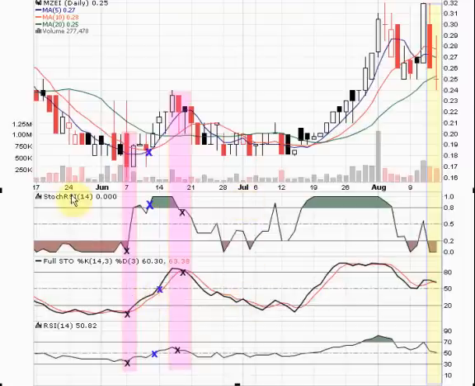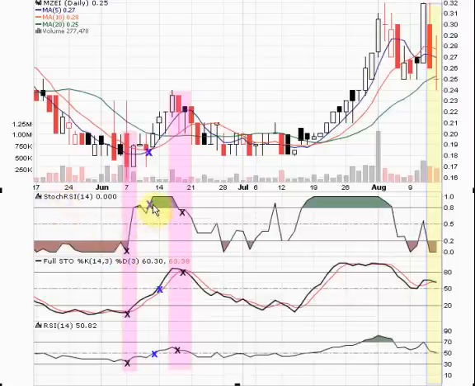Now, what you're going to see with the StochRSI is it doesn't give you a progression of change. It gives you a state of be in or be out. Now, if your StochRSI indicator is below the 20 line, it means you should be out of the stock.